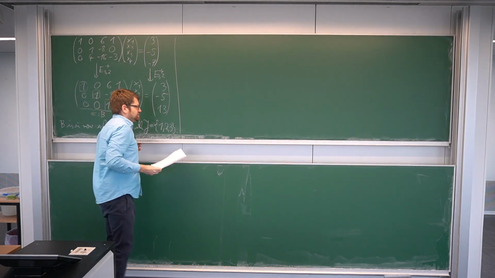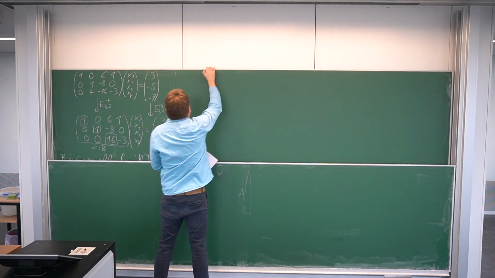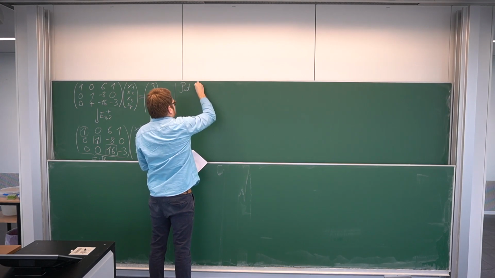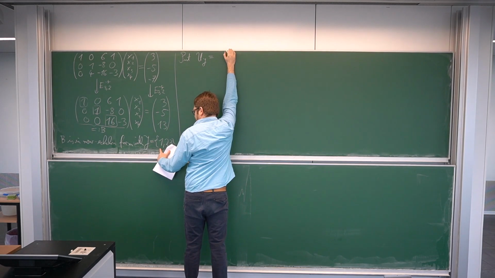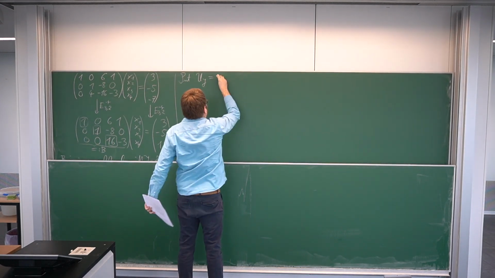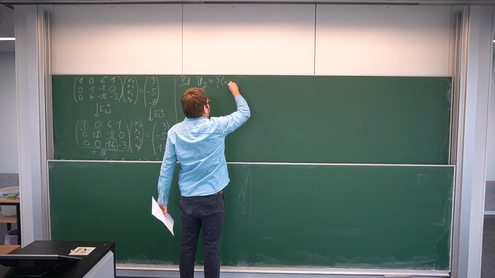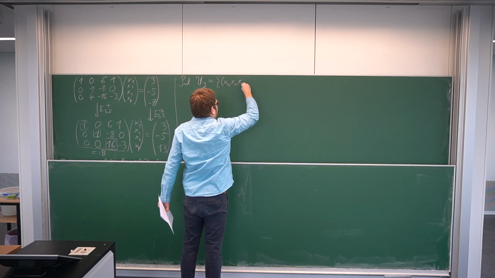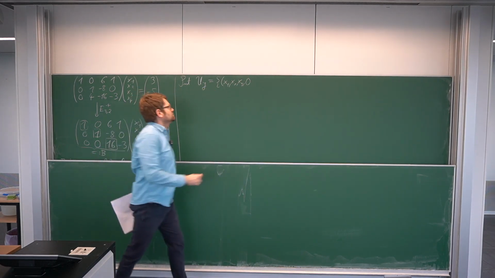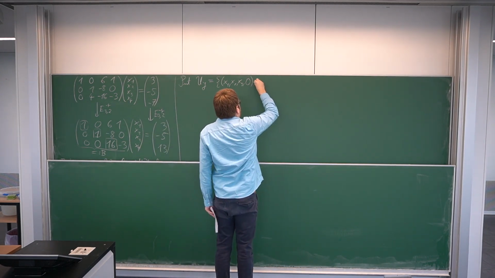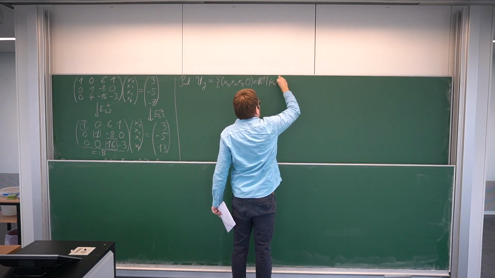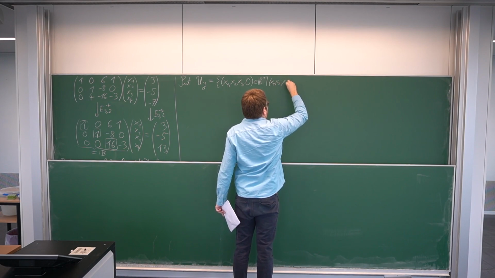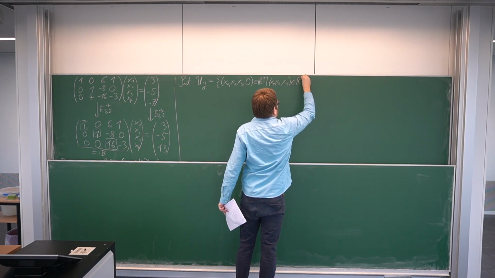Okay, now what do the spaces U_J and V_J look like? So U_J is the span of the canonical basis vectors with these indices 1, 2, and 3. So U_J is x1, x2, x3, and the fourth component must be 0. So this is just this quite simple space in R^4, where x1, x2, x3 is in R^3.